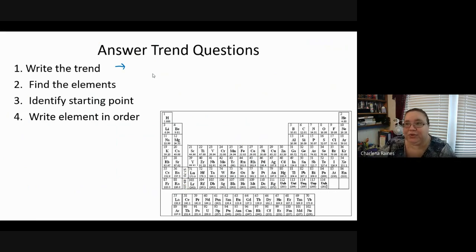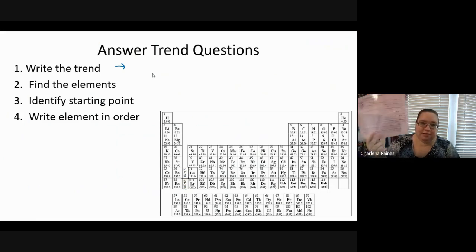Yes, the trends that we learned for our real table apply to the fictional table. Anything we learn that applies to the real one will apply to our fake one. So you find your elements and you mark them on your table. If you have a report cover sleeve and dry erase markers, that's great. You can actually use it like a dry erase board.